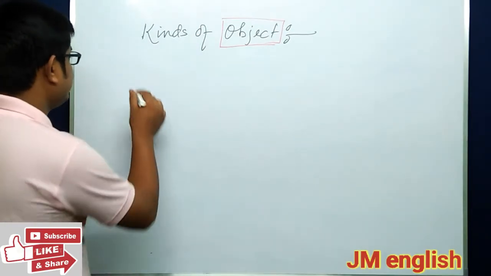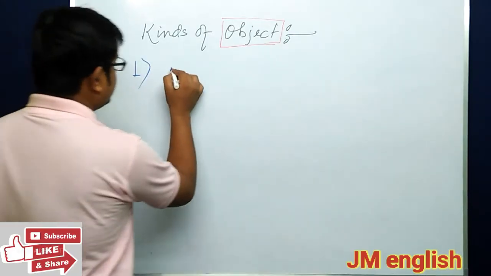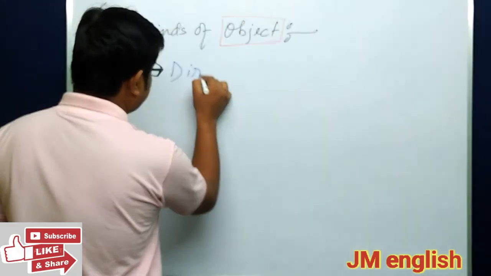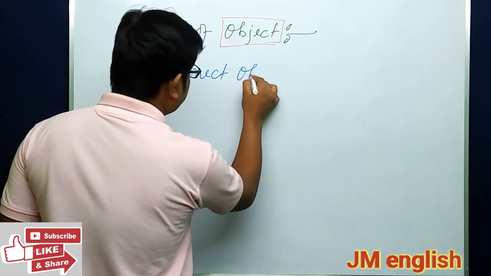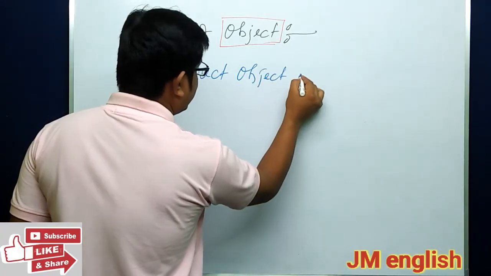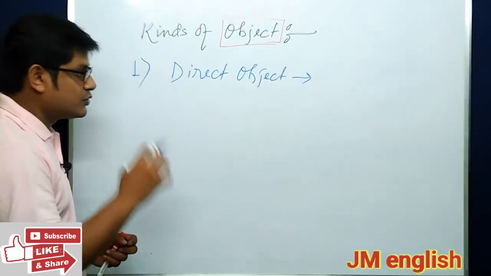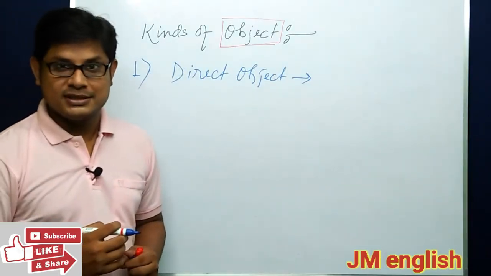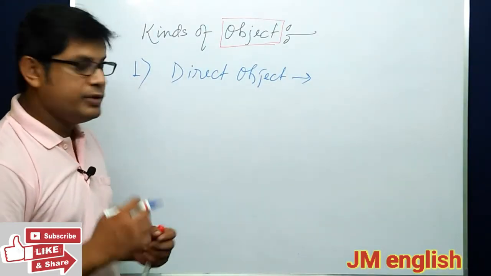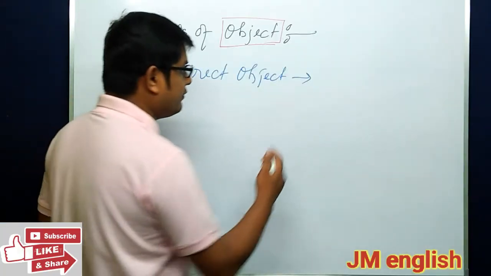Number one, this is called direct object. This is the first form of object. So what is direct object? This is the direct object, which is also called non-living object.